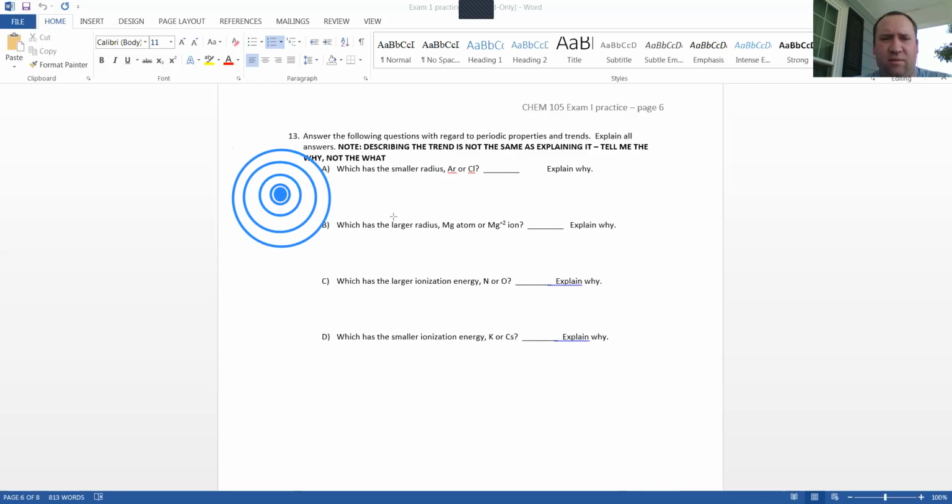Which one is further away from the nucleus? In the case of argon and chlorine, they're both in the third period. So their electrons are both on this energy level.